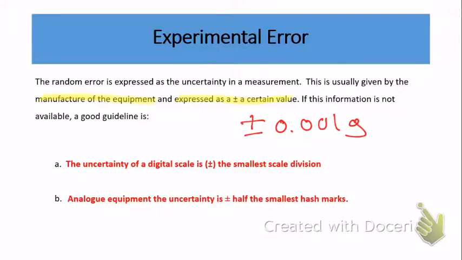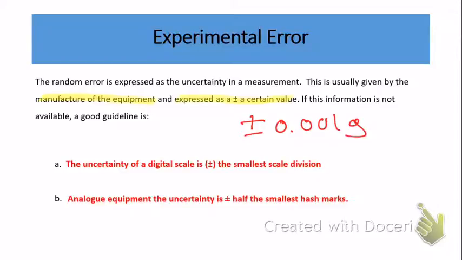And so if we have a digital piece of equipment that we're using to measure something, whether it's temperature, mass, volume, whatever it might be, we will then give you the random error based on the manufacturer design. All right, so that's pretty simple and straightforward.